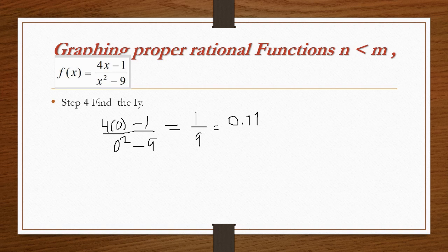Now that we have the x-intercept, the vertical asymptote, the horizontal asymptote, and the y-intercept, we will graph the following with the information.